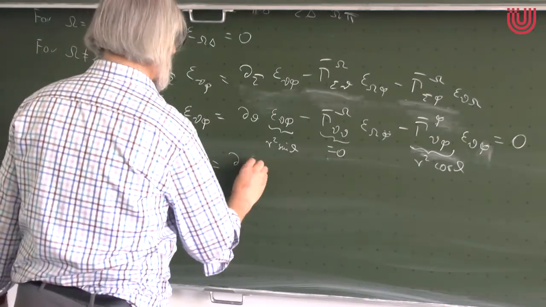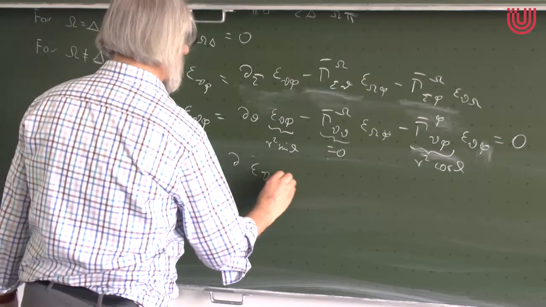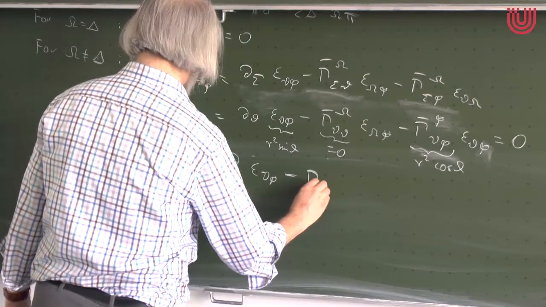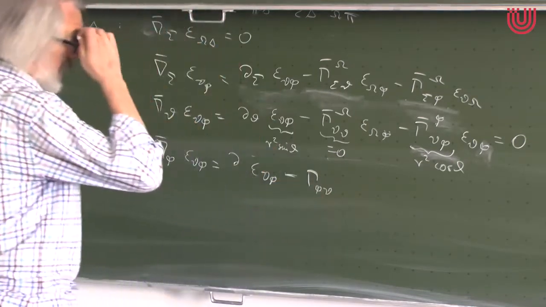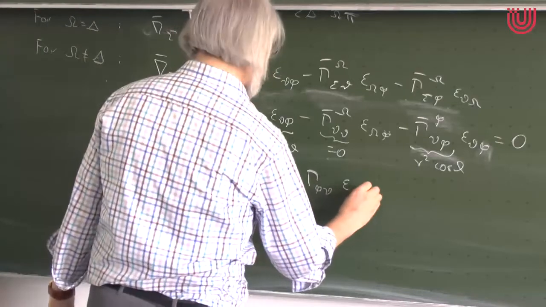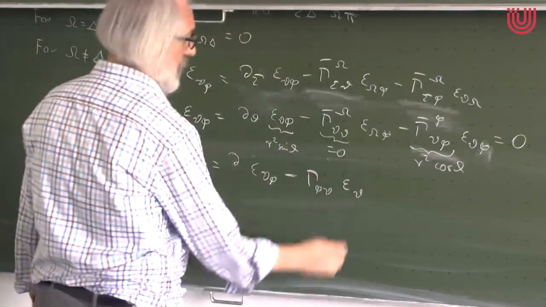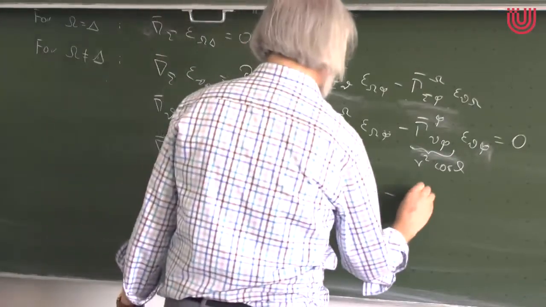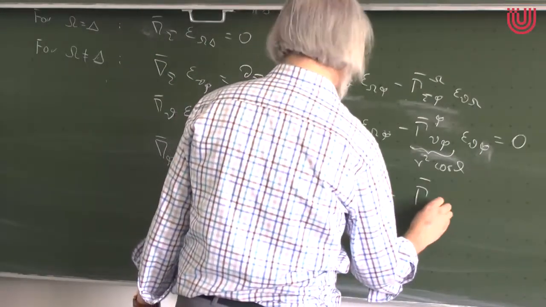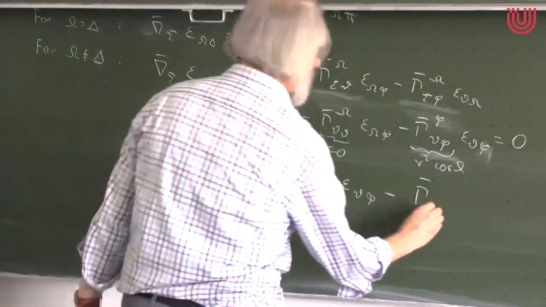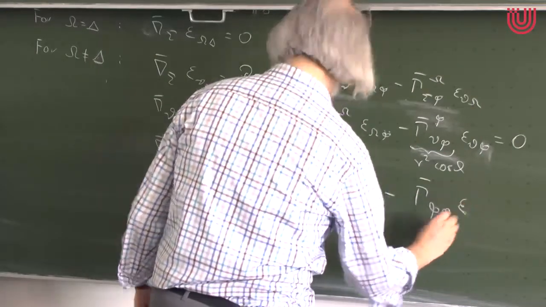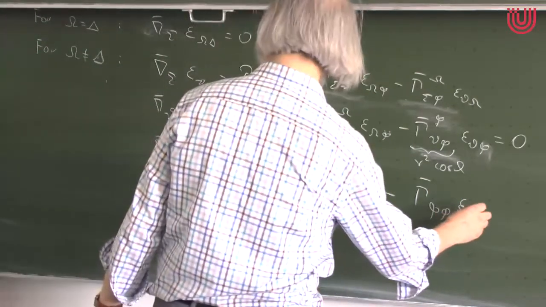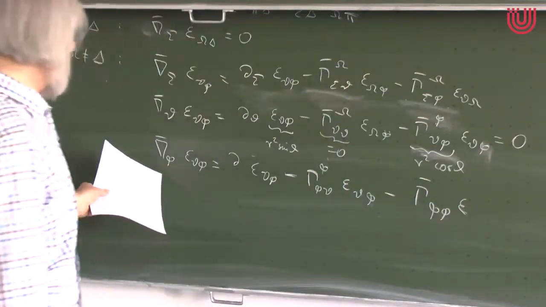This is d theta epsilon theta phi minus gamma. Here I have what? Phi theta epsilon theta. Then this must be a phi, right? Minus gamma bar phi. Here I have the first index, no, the second index phi. What did I do?